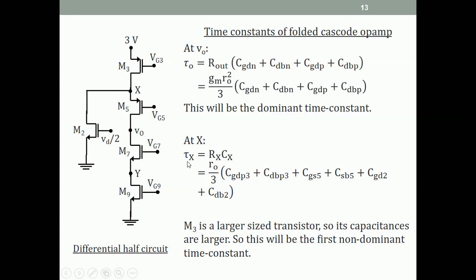And therefore, tau x, the time constant at this node, is larger than the time constant at the Y node. So this is the second most important time constant, sometimes called the first non-dominant time constant. This is the dominant, this is the first non-dominant time constant.